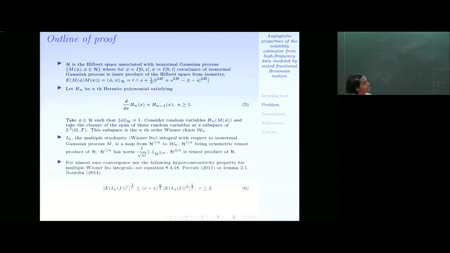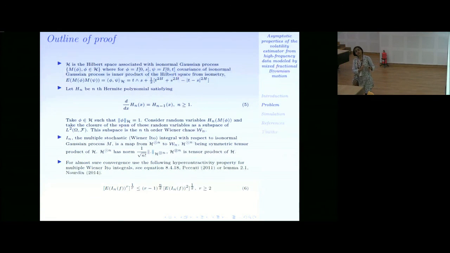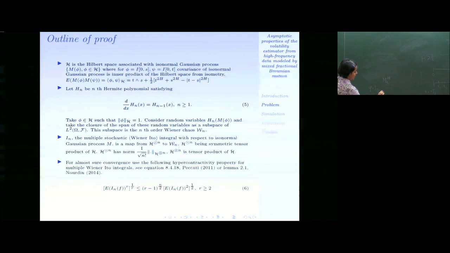What we call an isonormal Gaussian process. So what is this thing? We have taken this covariance structure, and with this covariance structure, we take the inner product. We have taken indicator functions, and then we just calculate the covariance structure.